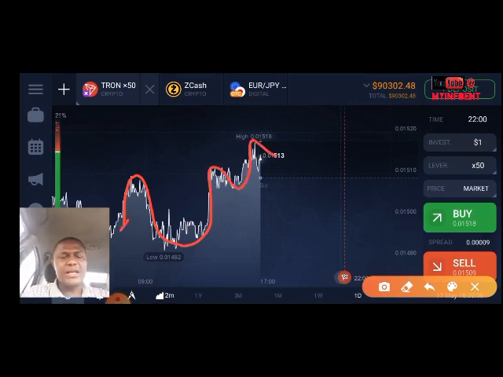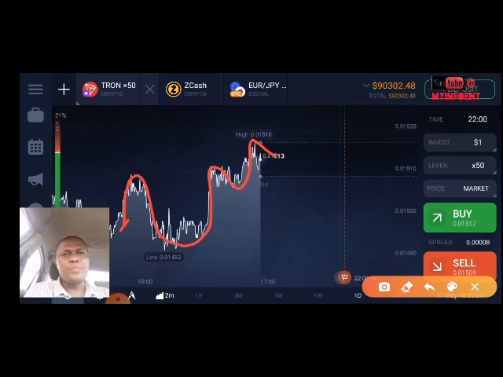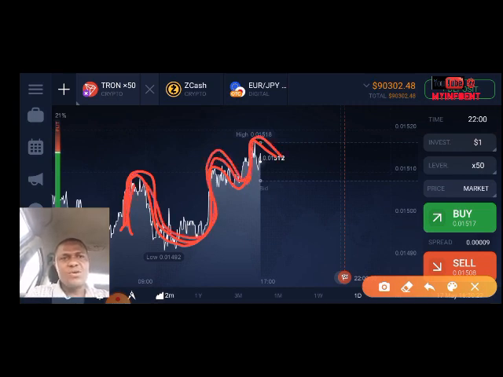You can call it price action. If you say you're a price action trader, a price action trader doesn't normally use indicators. They use the past movement, the trend, the price movement of an asset to predict the future price of that particular asset. So that is what price action is.